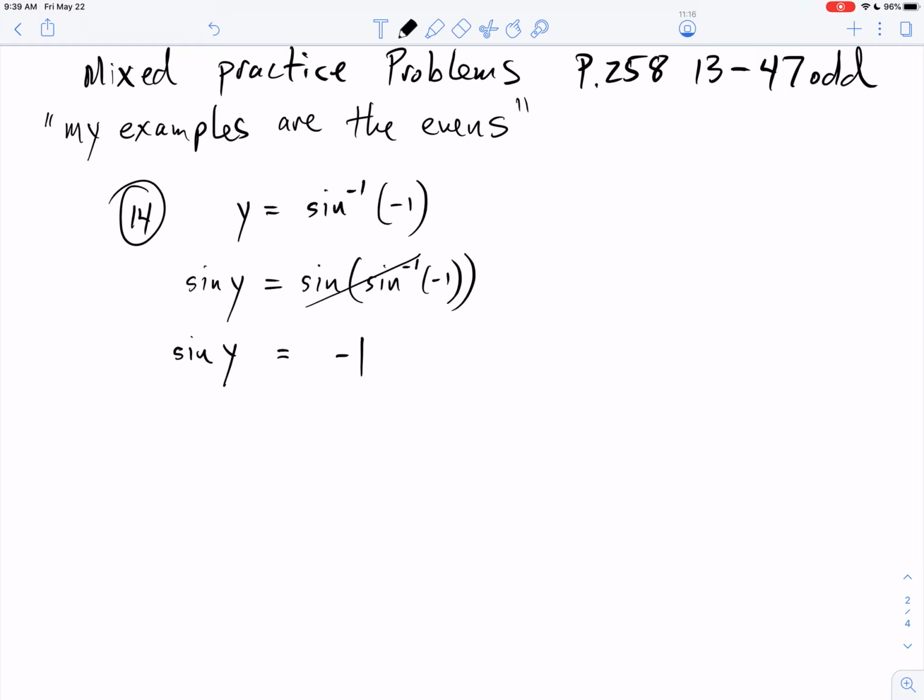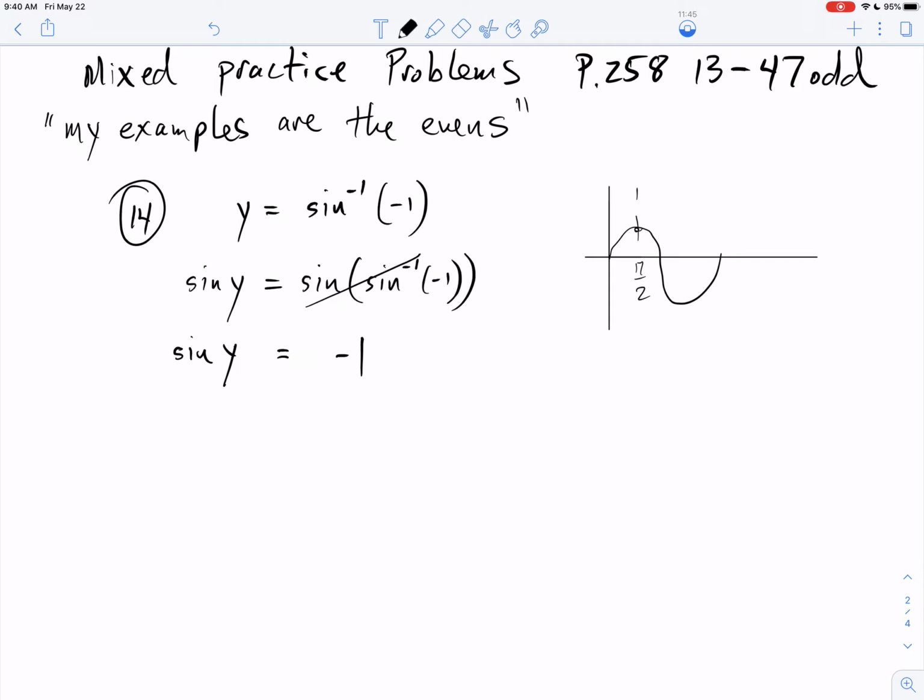Well, if I try to draw a reference triangle, it's not going to help me in this one, because where does sine equal -1? Well, think of the sine graph. They have a sine graph going like this, but that's going to give me 1 right there. Where does that occur? At pi over 2.